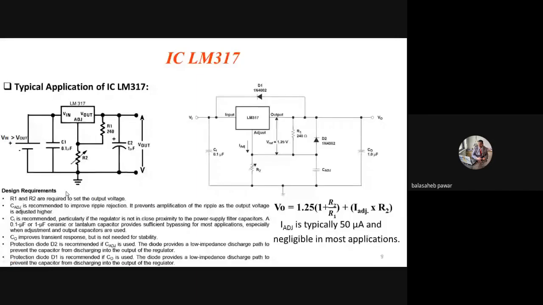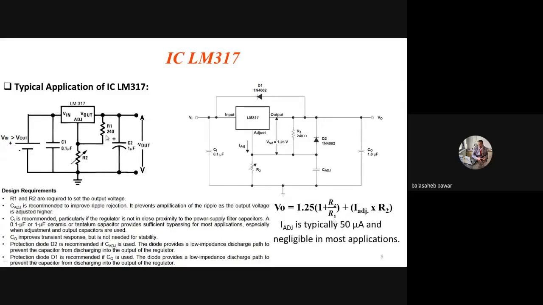Can you determine it? It's very simple. Just do it fast. My requirement of output voltage is 37, and as I already told, it is totally dependent on the value of R2. So put the value of VO as 37 equals 1.25 in bracket 1 plus R2, which you have to identify, divided by R1.